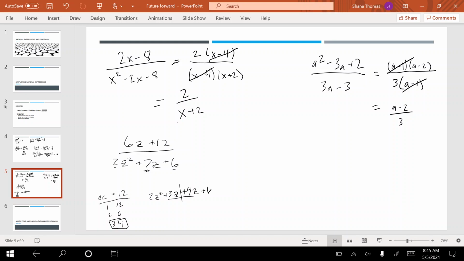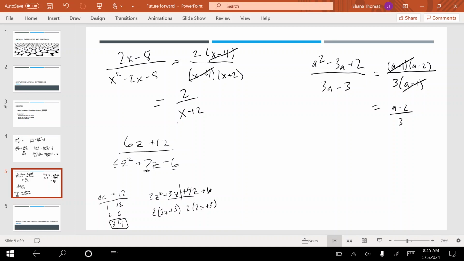Can I factor anything out of the first part? Well, I can factor out a z, leaving me with 2z plus 3. Second side, is that 6? I can factor out a 2, leaving me with 2z plus 3.